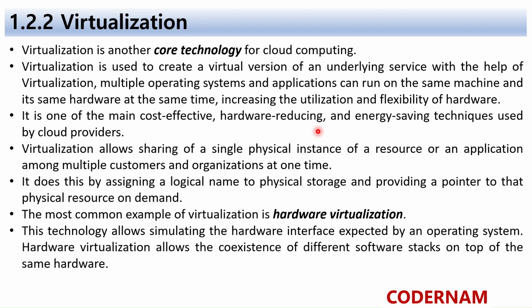This increases the utilization and flexibility of the hardware. One of the main benefits is that they are cost effective, hardware reducing and energy saving techniques. They allow sharing of a single physical instance of a resource or an application. The most common example of virtualization is hardware virtualization.